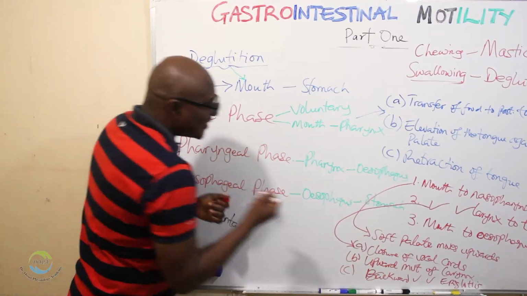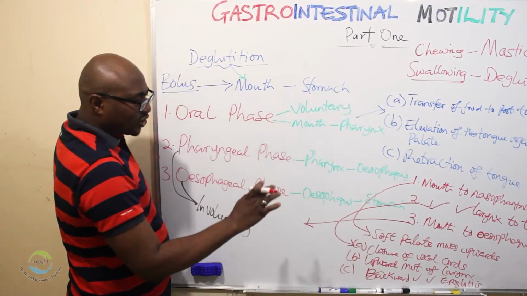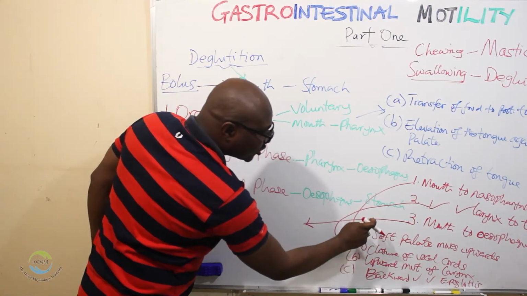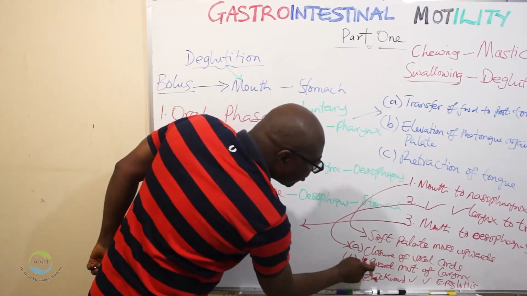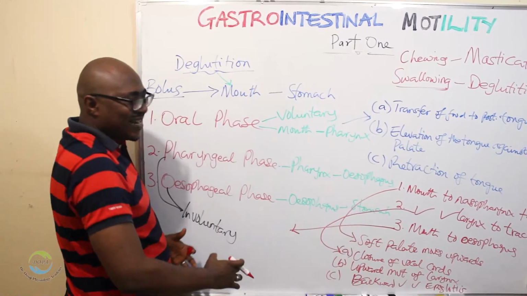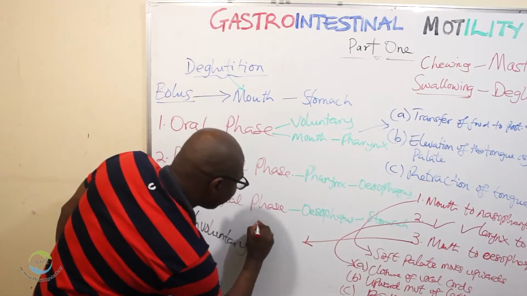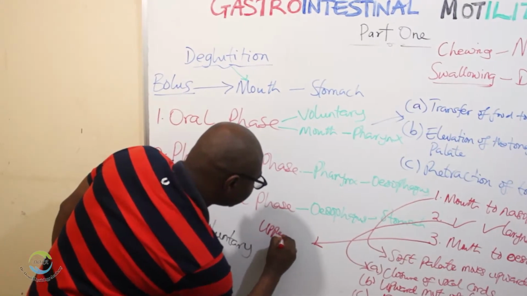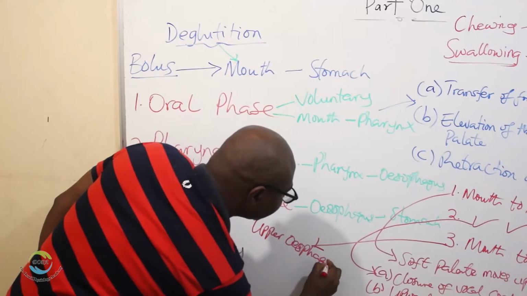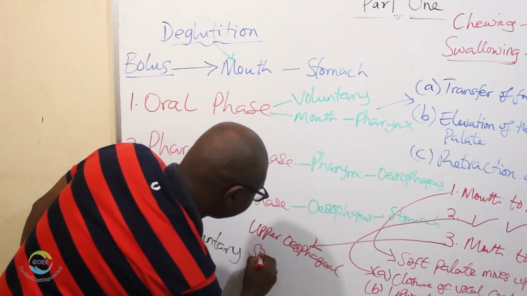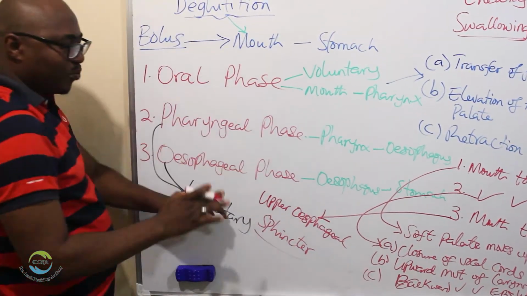So the next thing, this third one, what happens? The combined action of the upward movement of the soft palate and the upward movement of the larynx naturally, automatically opens the upper esophageal sphincter. So there's no special opening of this sphincter.